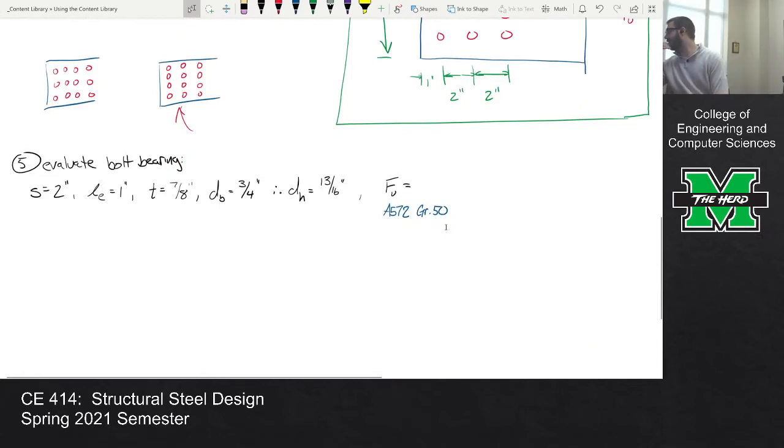So what's the tensile stress for that? There we go, 65 KSI.